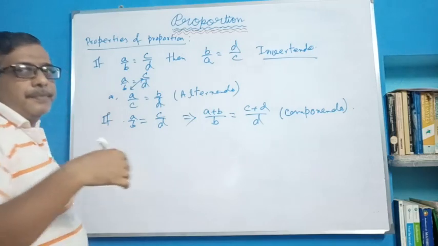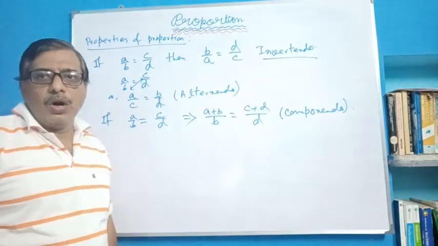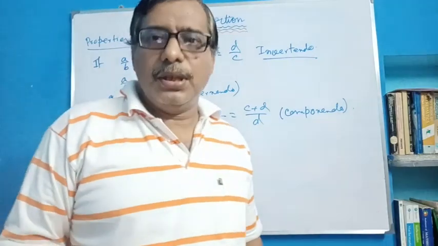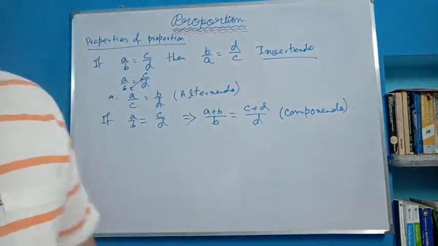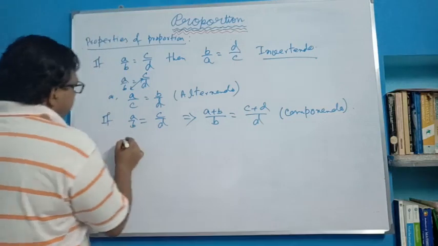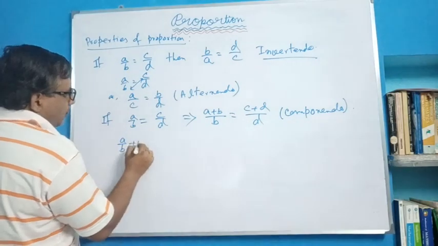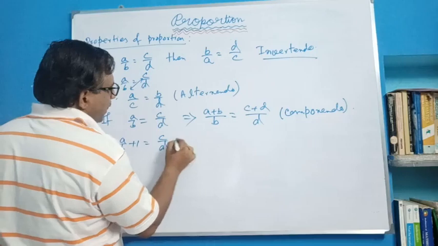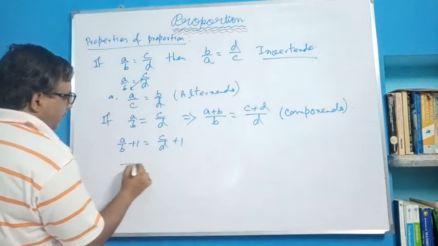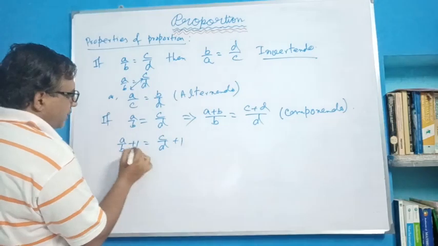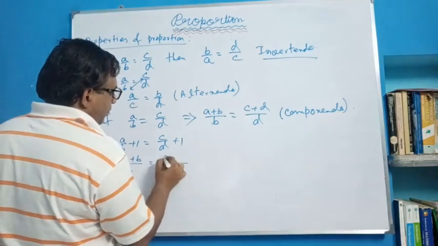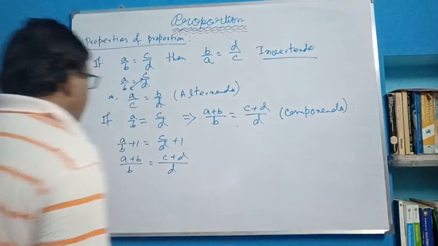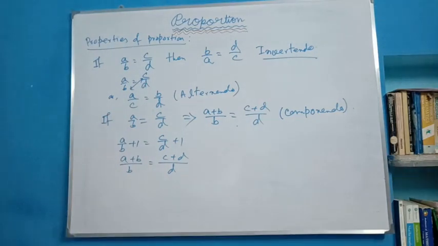If we add the same thing on both sides, then no problem at all. So if we add 1 on both sides, A by B plus 1 and C by D plus 1, then LCM is B, so it is A plus B, LCM is D, so it is C plus D. Then you get this. So componendo is nothing but adding 1 on both sides.